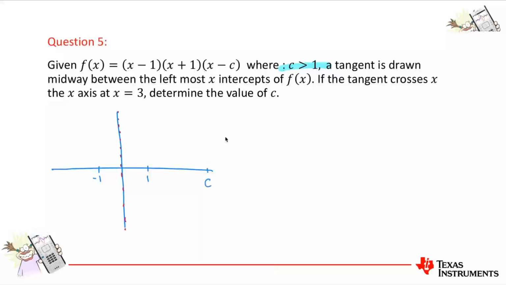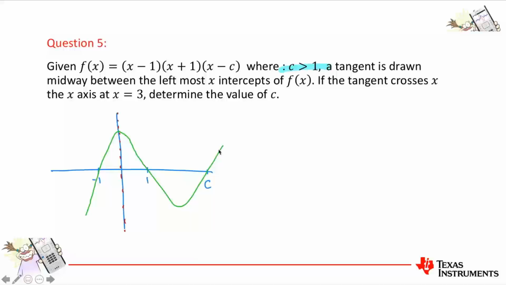The next thing I know is that the tangent is drawn midway between the leftmost x-intercepts. So the leftmost x-intercepts are minus 1 and plus 1. Midway between minus 1 and plus 1 is where x is 0. So that's another clue that tells me something about this question that I need to remember in a moment.